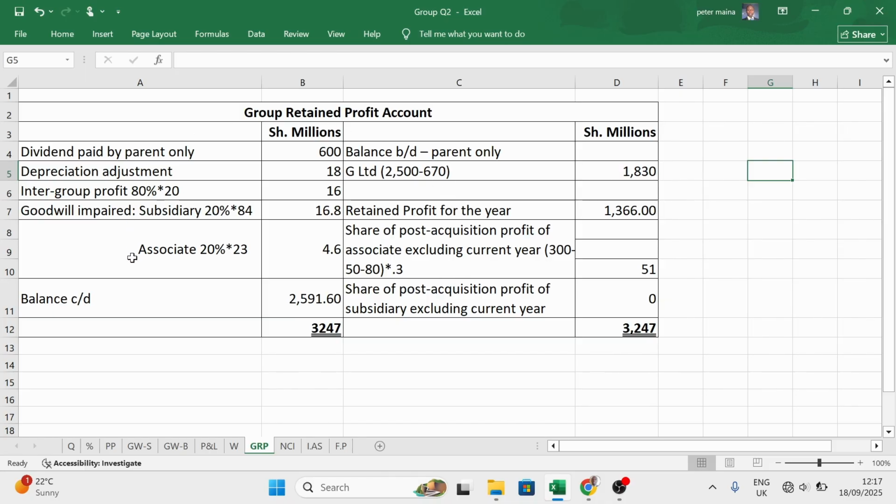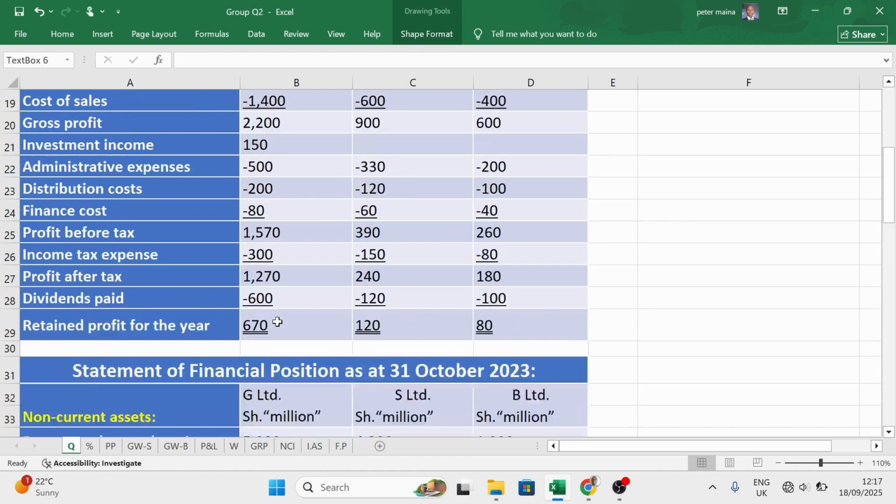When you go to the debit side, we are supposed to deduct dividend paid by parent only. Dividend paid by associate is not shown. Dividend paid by subsidiary should not be shown. So back to the question, how much dividend did the parents pay?